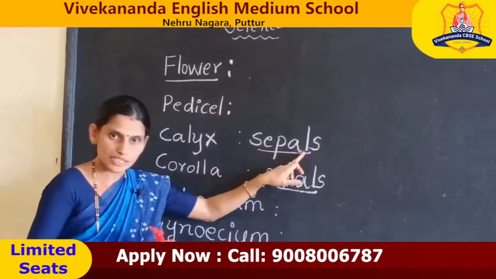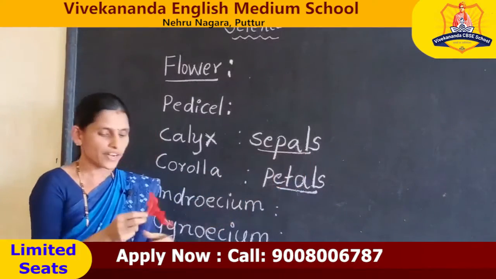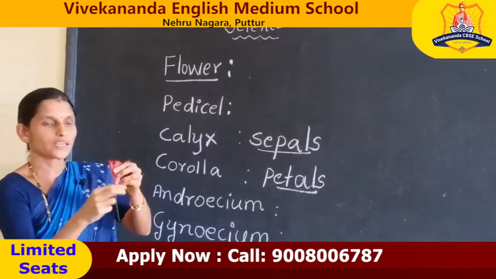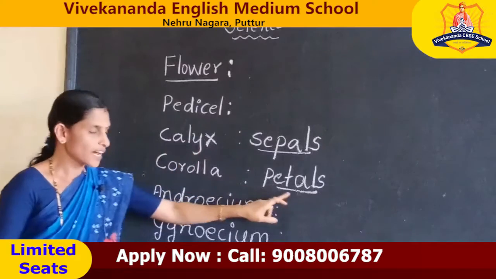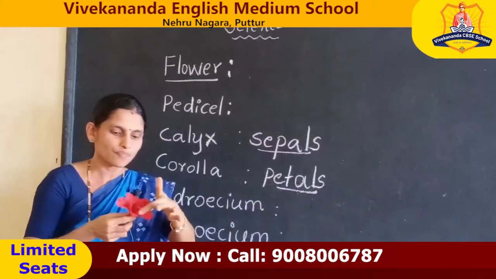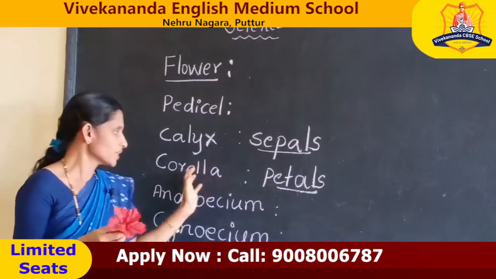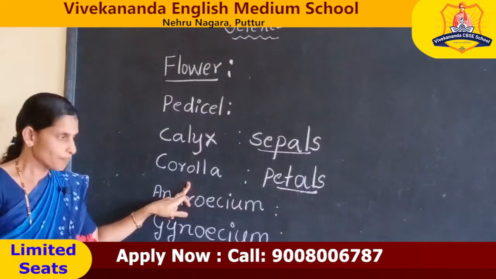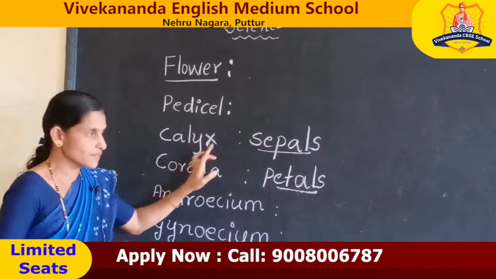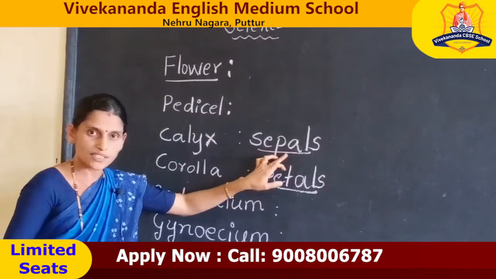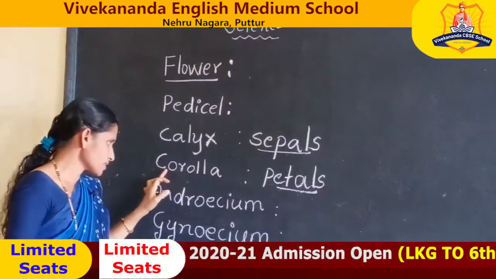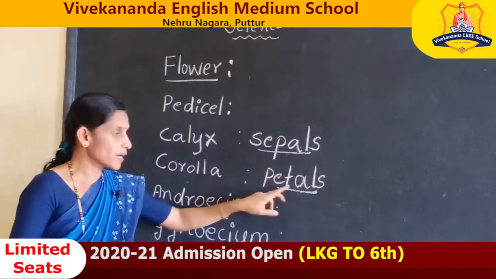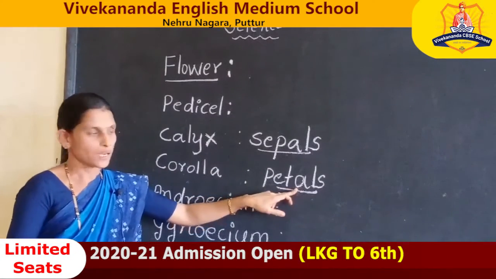Now in your textbook sepals are given. Five sepals together form one calyx and five petals, the attractive part of the flower, form one corolla. The first part is calyx, its units are called sepals. The second part is corolla, its units are called petals.